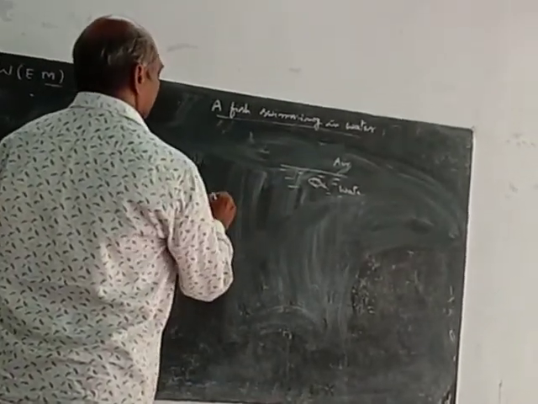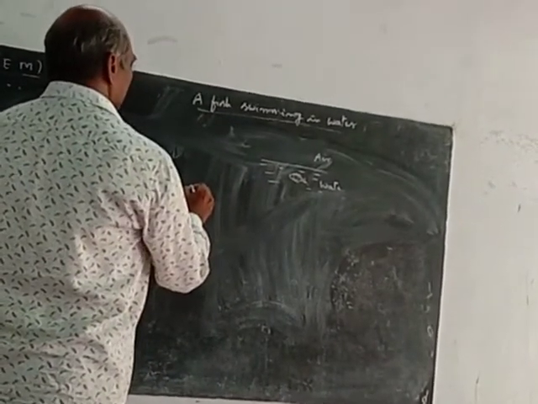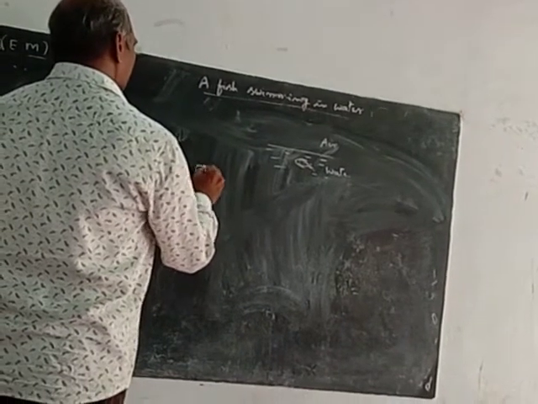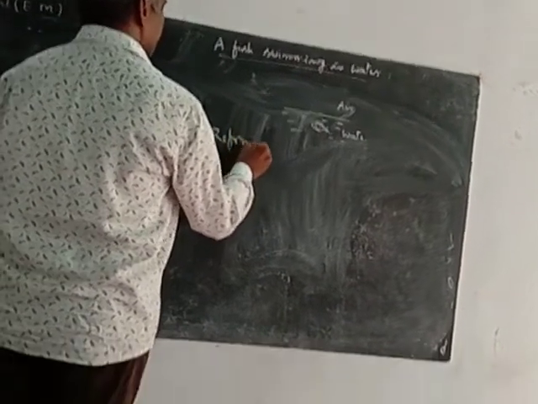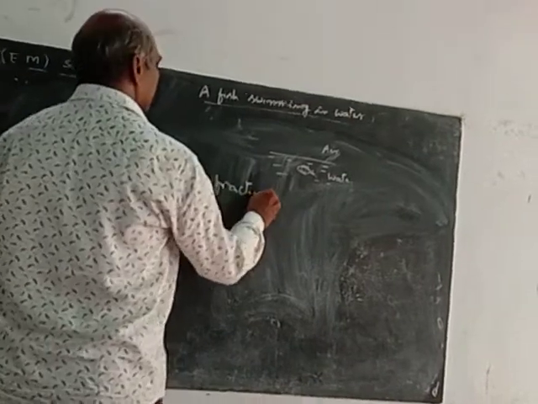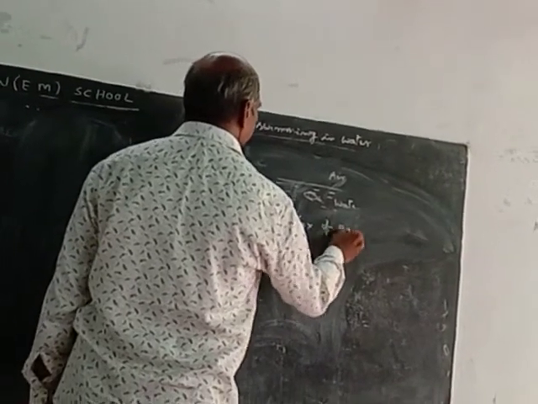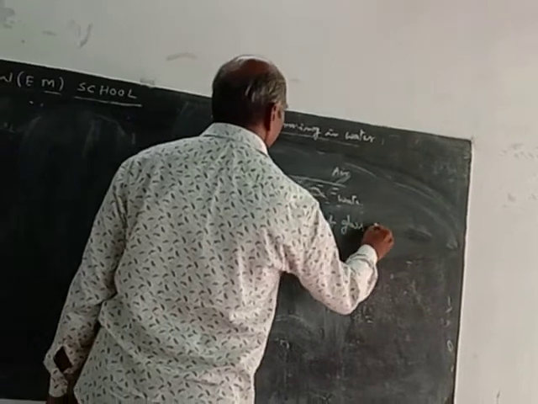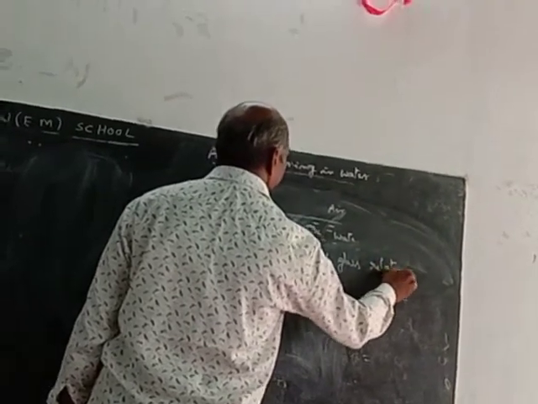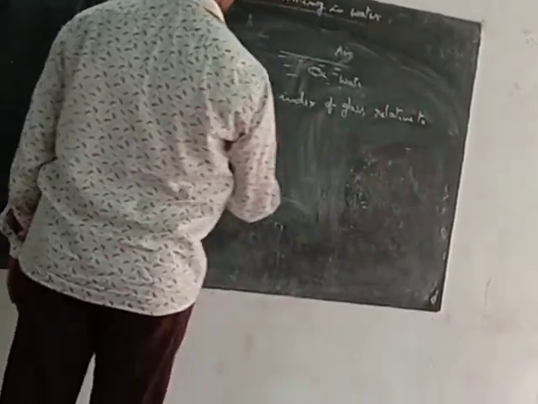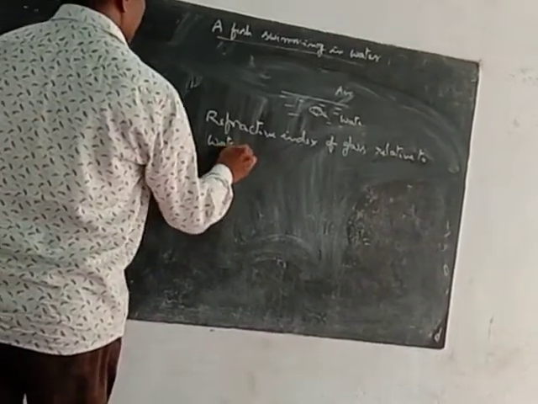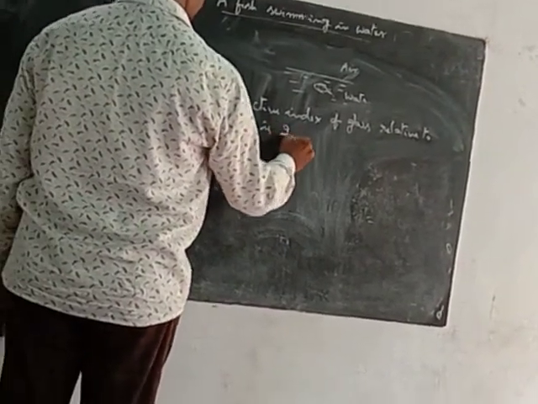Another one. Suppose the refractive index of glass relative to water is 9/8.